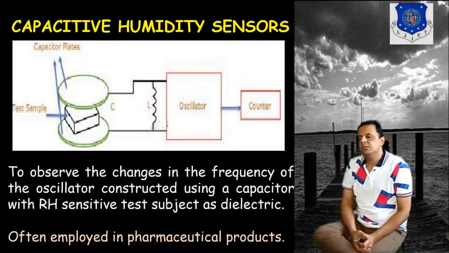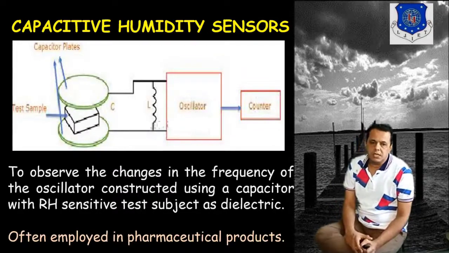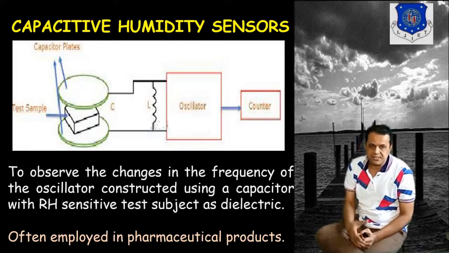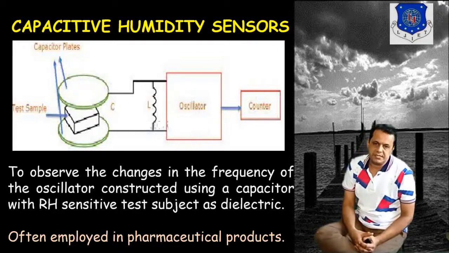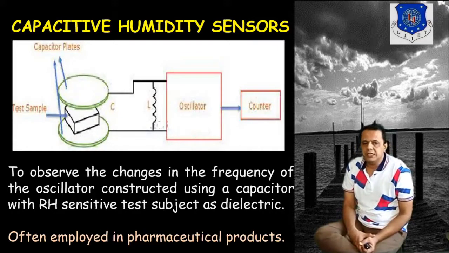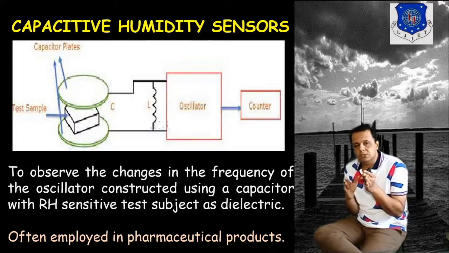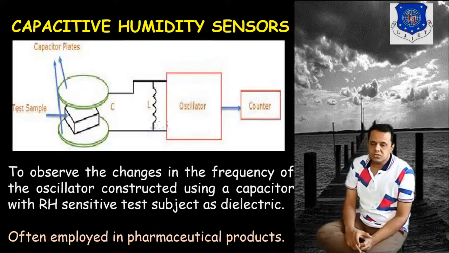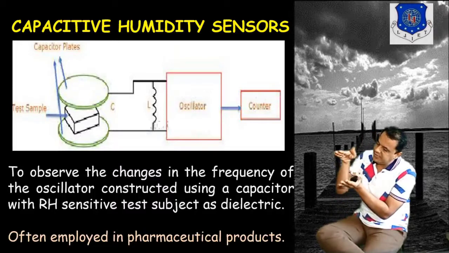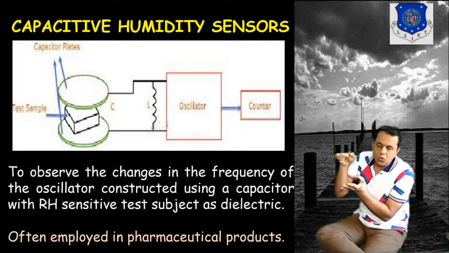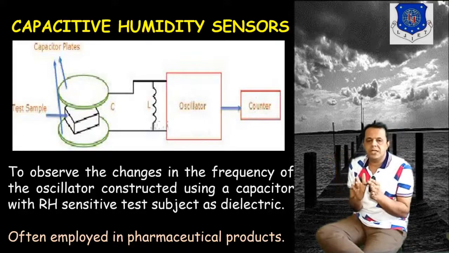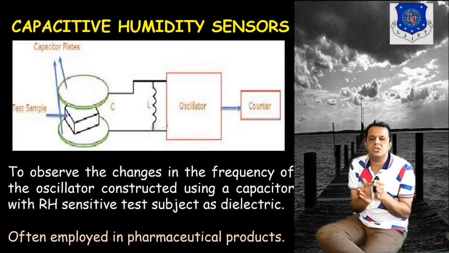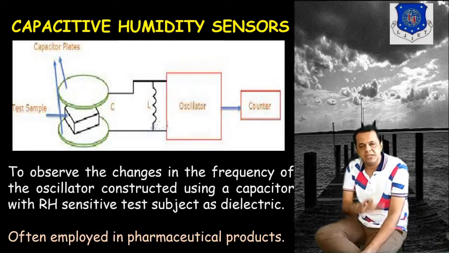This was one method. Another is frequency-based capacitive humidity sensing. We'll have two capacitor plates as usual, and they will be given some oscillatory frequency. When there is no material between the two plates, the resonating frequency will be different.